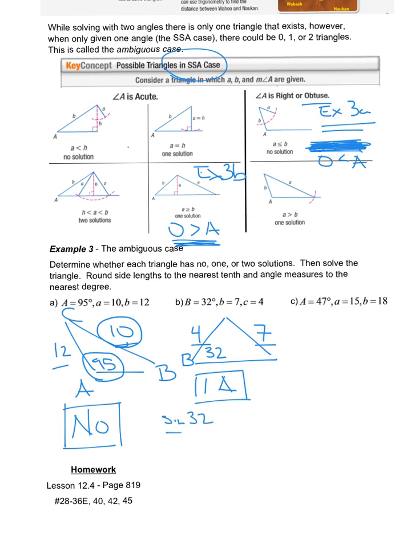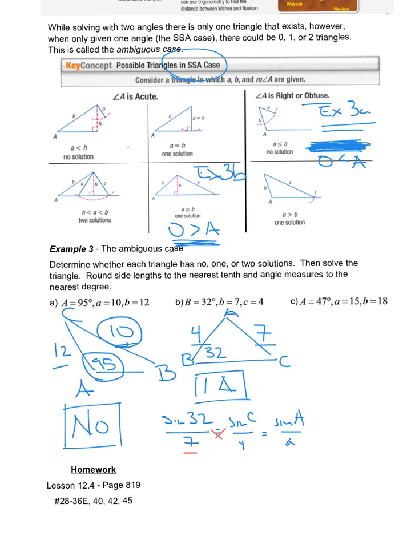So I do sine of 32 over 7 equals sine of C over 4 equals sine of A over a. Okay, then as we're doing law of sines, just like we said before, we're going to cross multiply. So 4 times the sine of 32.